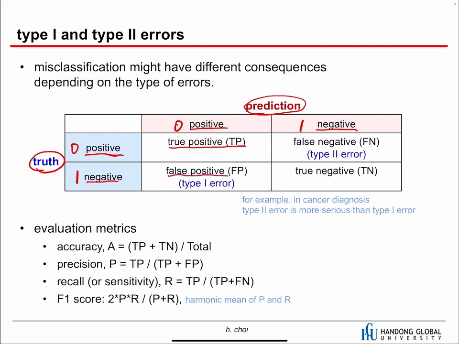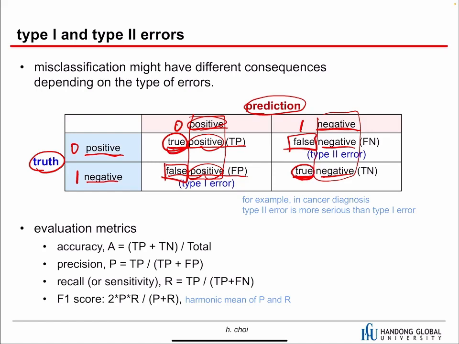Then it is false positive, which means it is false, but the model says it's positive. So this positive and positive here, and the negative, negative, negative here. In this case, it is negative, but true means it is correct. True means correct, and false means not correct.